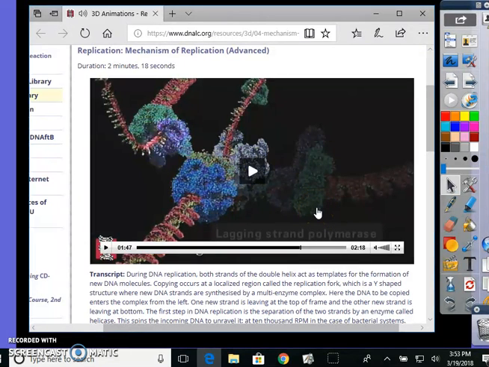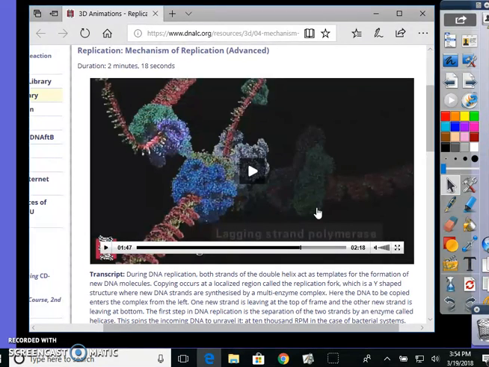So on your paper, down there at the bottom where it says lagging strand, I want you to make a note of Okazaki fragments. I'm not going to ask you to replicate the lagging strand, because as she introduced us, this is way more complex and it runs backwards compared to the leading strand.